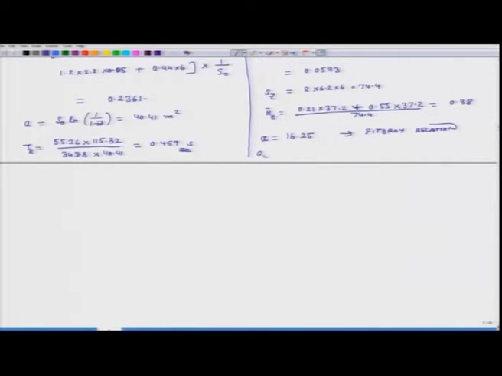So, A with people is equal to A without people, which is 16.25, and then we add the effect of people, and that is 0.44 times 6. You do that, and you get 18.89.